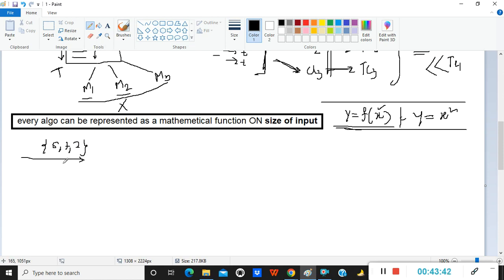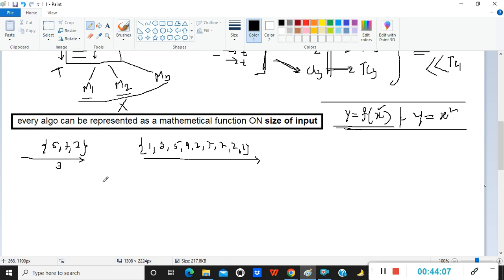The size is 3 only. Now you have another array with values like 3, 5, 9, 2, 7, 7, 2, 1, so you have a larger number of elements.